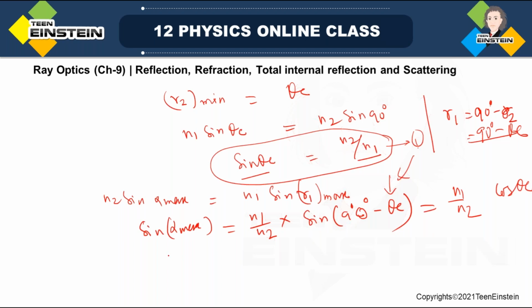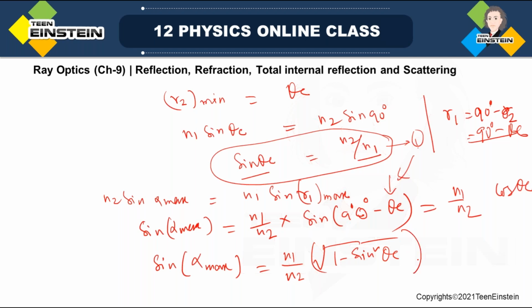Then sine alpha max is equal to n1 by n2 times cos theta c.